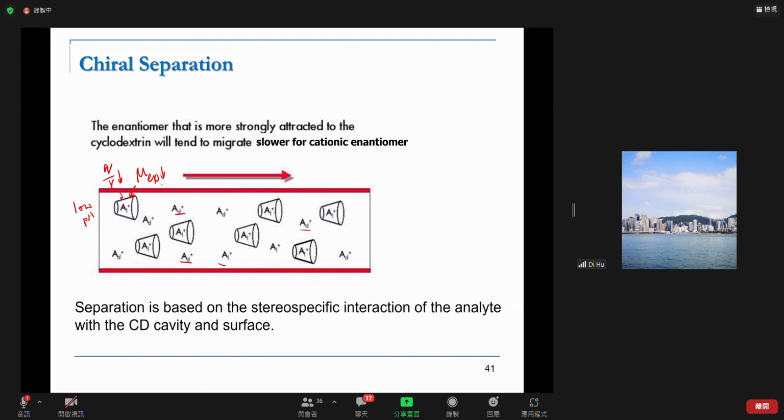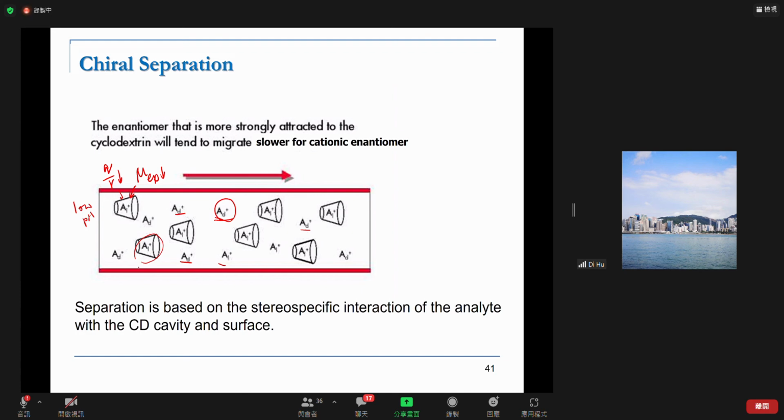That's why, compared with the D, the one that does not really get into the CD, the chiral selector, the one that gets in travels more slowly. The one that did not get in elutes first, and the one that is chirally selected by CD comes out later. It tends to migrate slower for this cationic enantiomer.